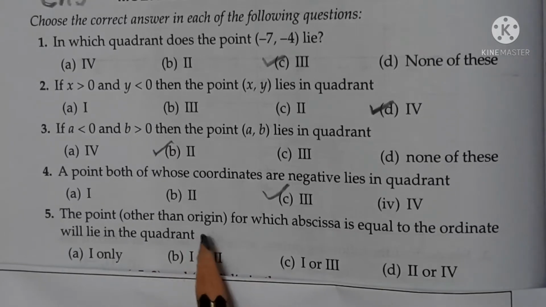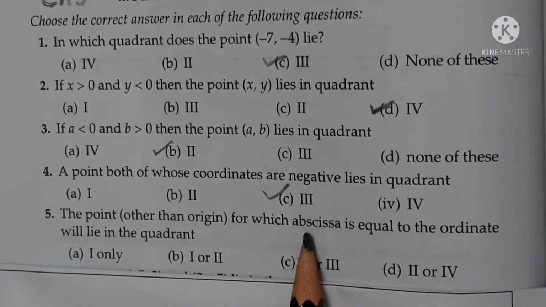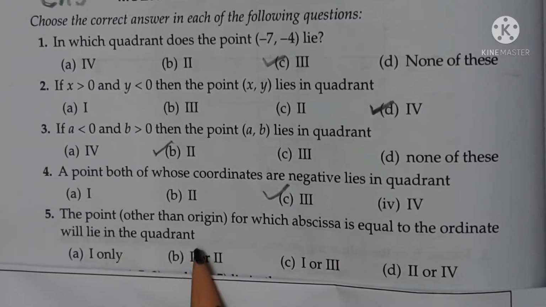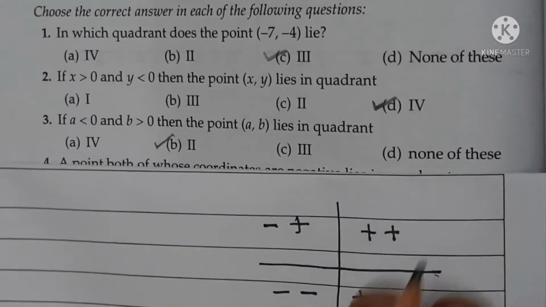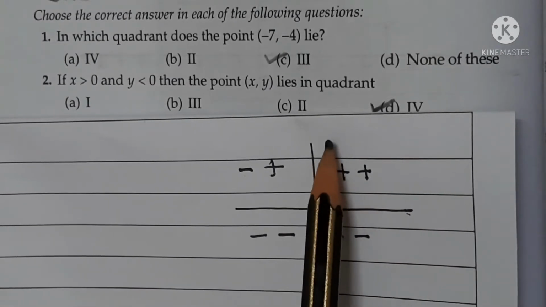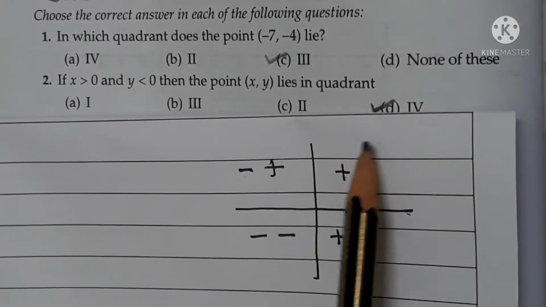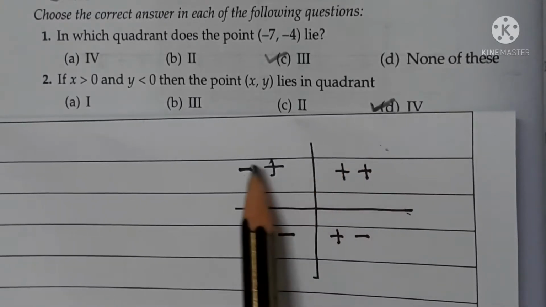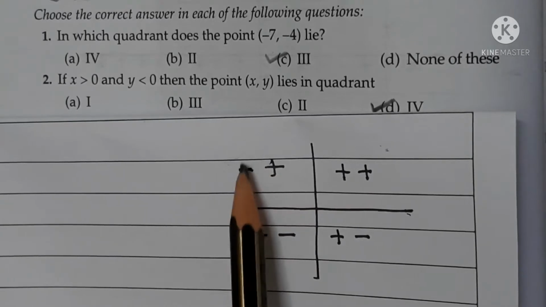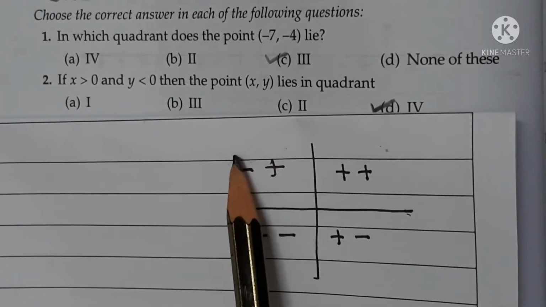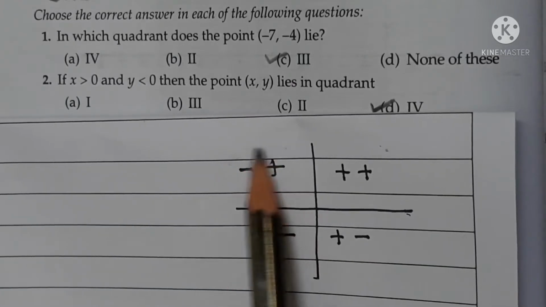The point other than the origin for which the abscissa is equal to the ordinate will lie in which quadrant? Look at the quadrants. Suppose x is 3, then y is also 3, abscissa equal to ordinate, so both will be plus 3. In the second quadrant, one is positive and one is negative, so abscissa and ordinate will not be equal in this quadrant.